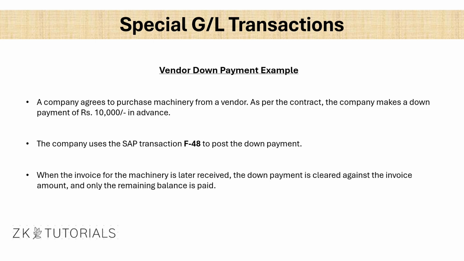When the invoice for the machinery is later received, for example 10 lakhs is the invoice amount, after we receive the invoice, the down payment is cleared against the invoice amount and only the remaining balance is paid. So this 10,000 is subtracted from the 10 lakhs. So now we need to pay only 9 lakh 90,000.